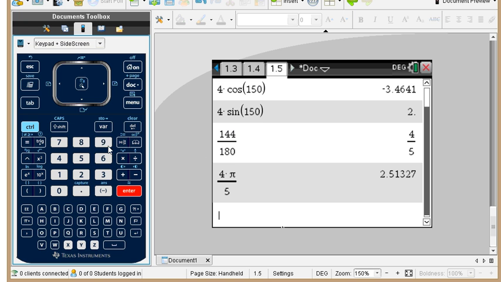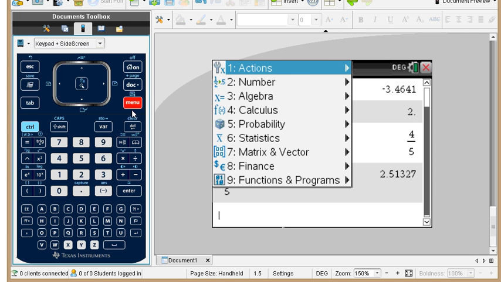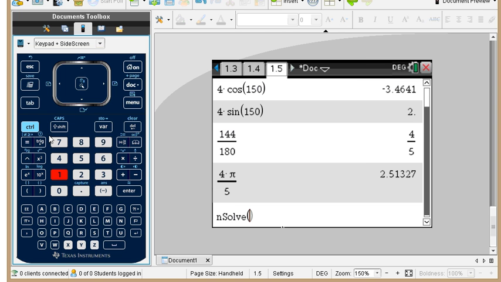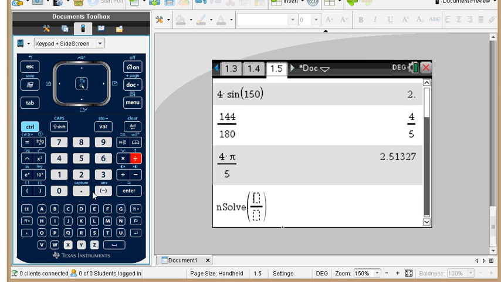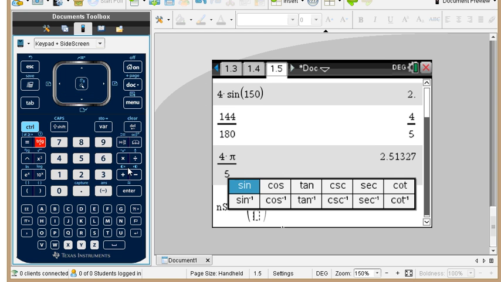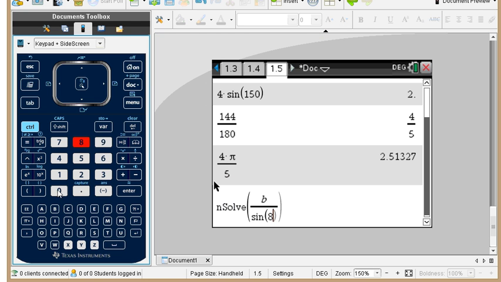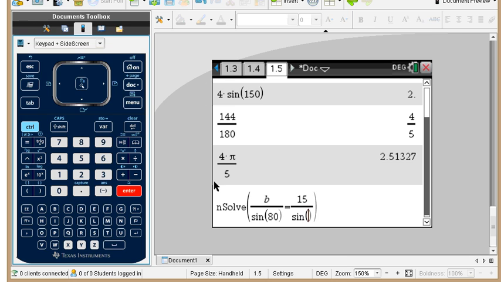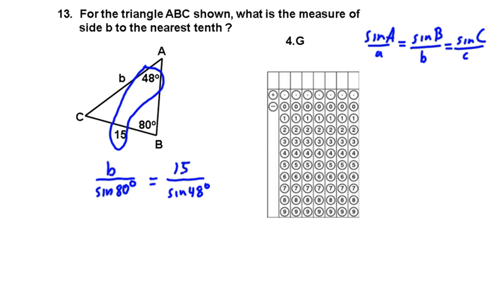To do that, I'm using numerical solve, algebra 1. And so we get a fraction here, B over sine of 80 degrees. And this is going to be equal to the ratio, equal sign. We have 15 over the sine of, is it 48 degrees? Yeah, 48 degrees, I was right.